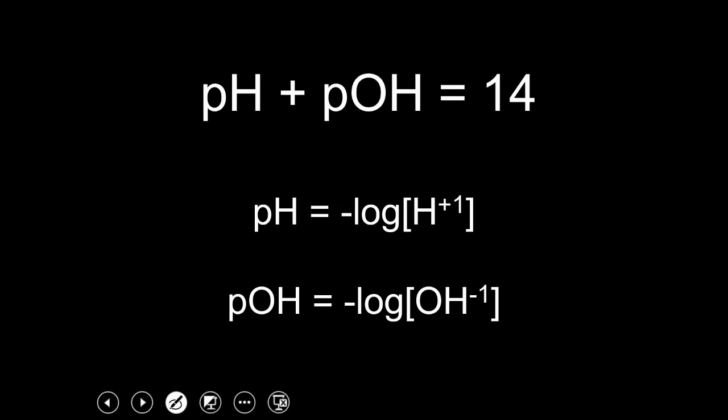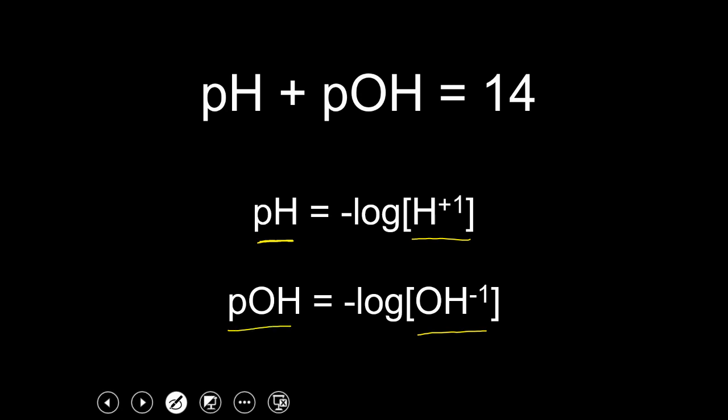So pH for a solution is calculated by taking the negative logarithm of the hydrogen ion concentration. Every solution also has a pOH. The P stands for potential, how many free hydrogens, potential, how many free hydroxides are floating around in this solution.